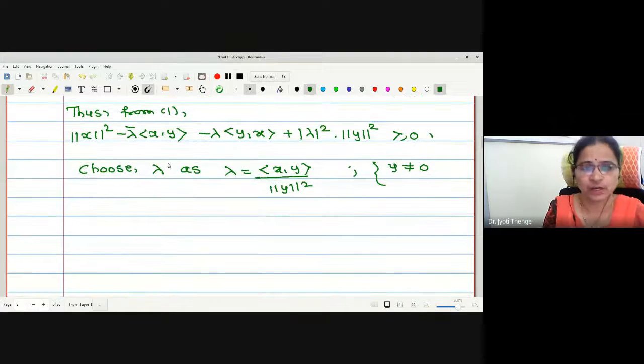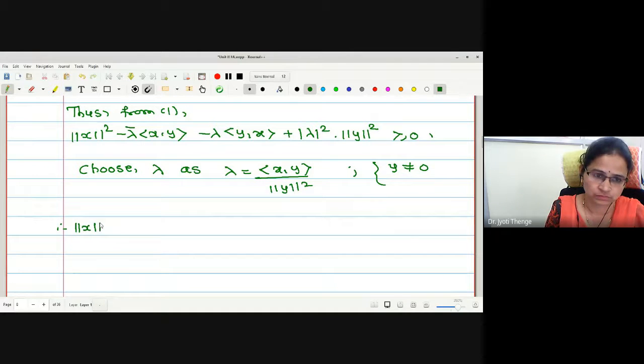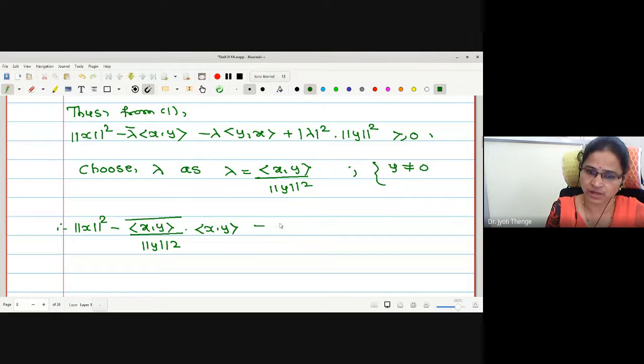Okay. Therefore let me just put the value in the above equation. What will be lambda bar then? This is inner product xy bar upon norm square y, into inner product xy as it is, minus inner product xy upon norm square y, plus, now what is lambda square?